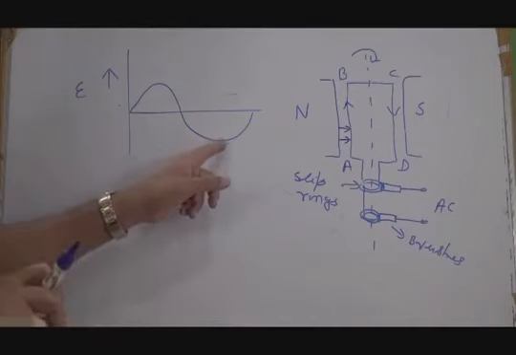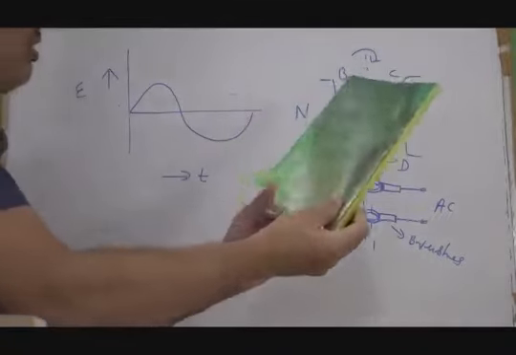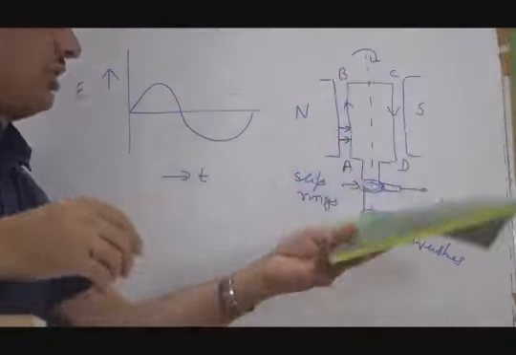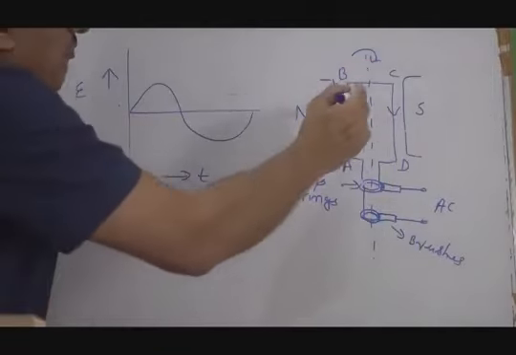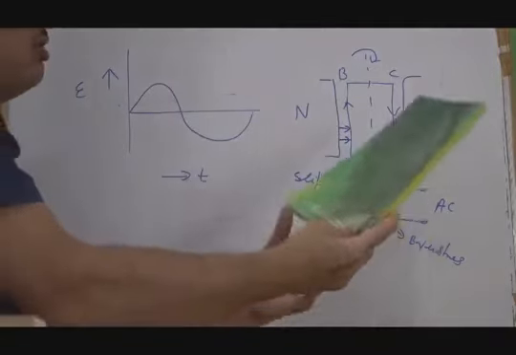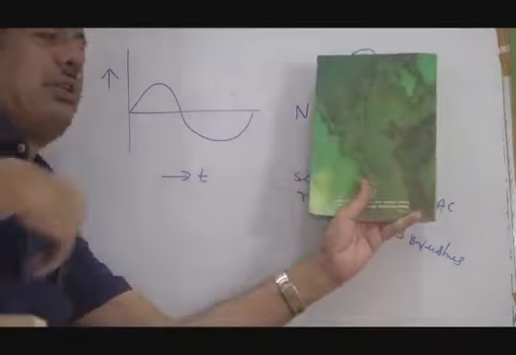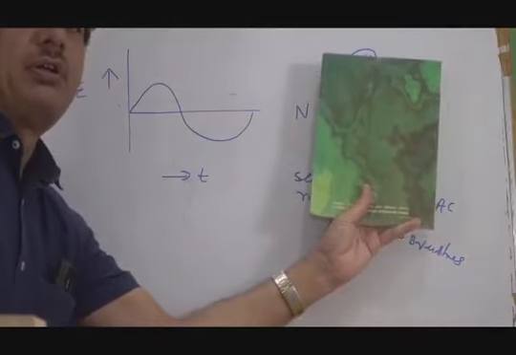Now, how will it become negative? Focus on this. This side is AB, this side is CD. In AB the direction of the current is upward, in CD the direction of the current is downward. Suppose I say this side is AB. The direction of the current is upward.